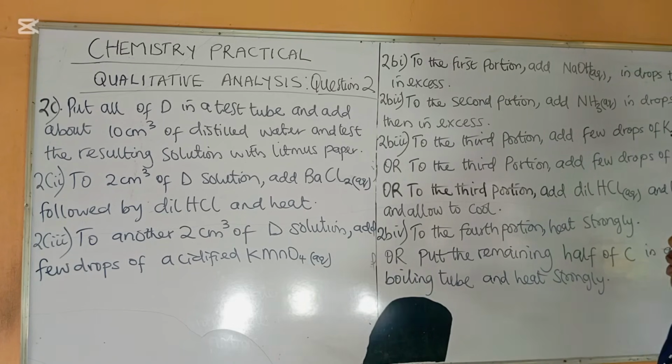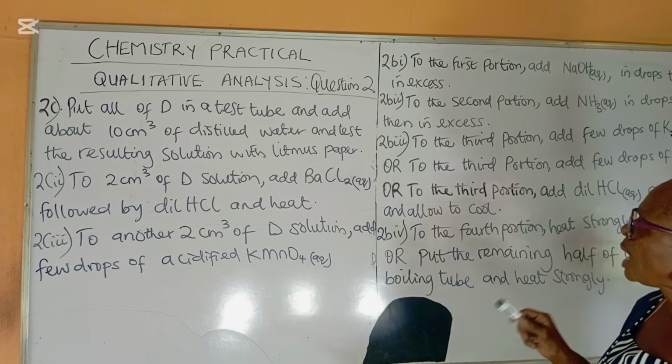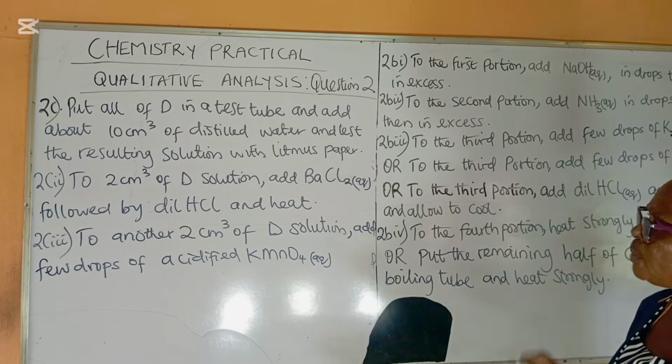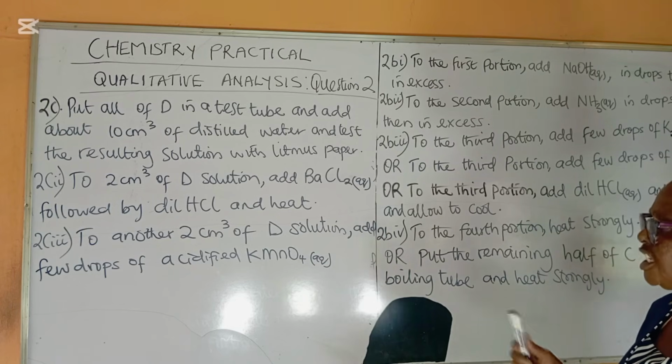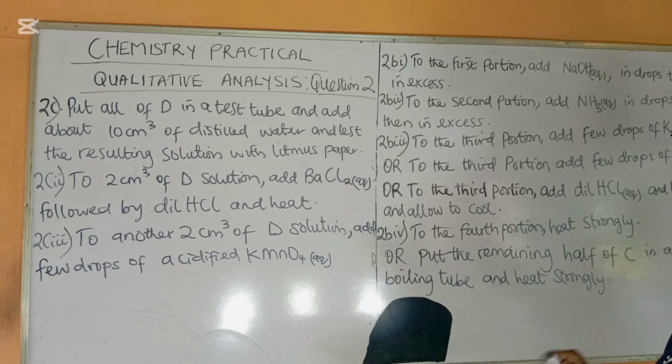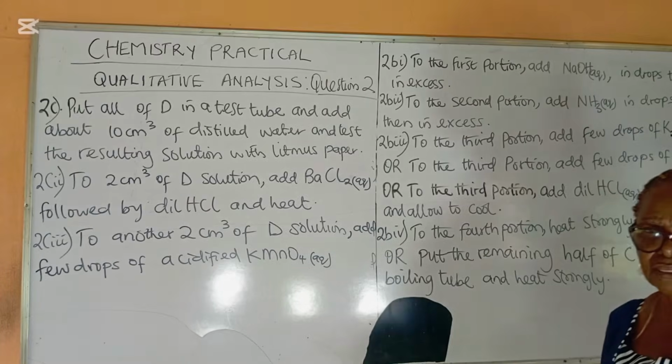To 2 cm cube of this solution, add barium chloride aqueous, followed by dilute HCl and heat. Then the last one, 2CIII. To another 2 cm cube of this solution, add few drops of acidified KMnO4 solution.